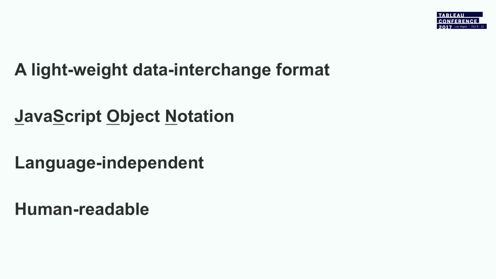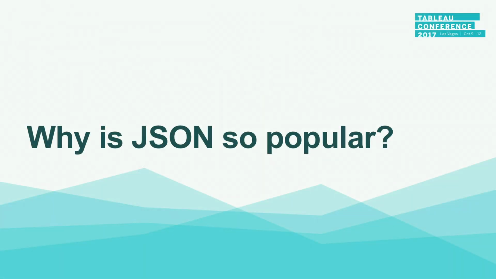Finally, since JSON is text-based, it is human readable. Now, why is JSON so popular? Simplicity. Let's compare this with its arch nemesis, XML. XML is composed of elements, tags, and doc type definitions called DTDs and other meta structures, whereas JSON is composed only of name-value pairs, which are easy to read.